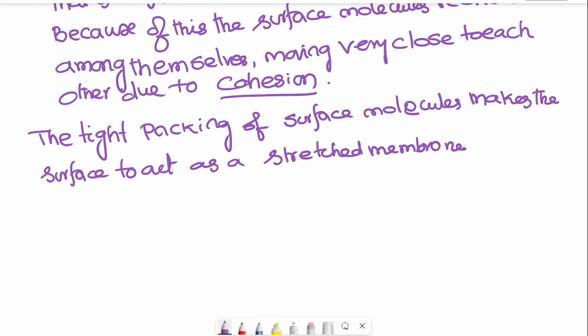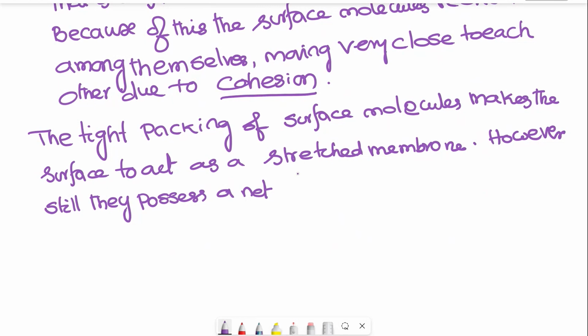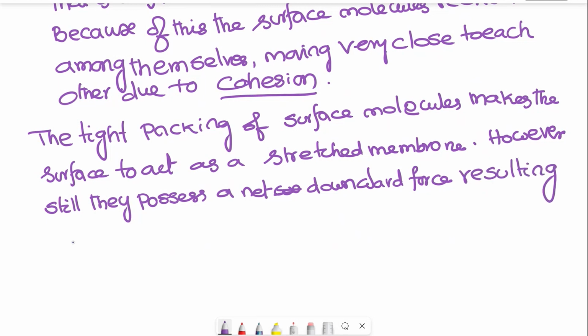However, still they possess a net downward force resulting in unbalanced energy.